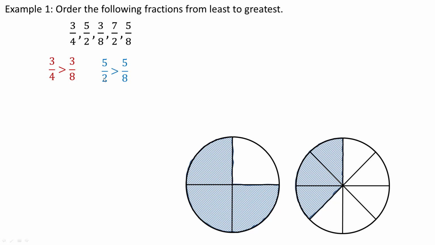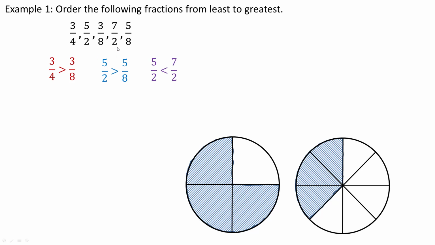See, 5/2 is more than a whole. That's actually 2 1/2. 5/8 isn't even 1. It's actually just a little bit over 1/2. See, 3/8 is shaded here, and 5/8 would be this much here because that's 5 of 8 pieces, the non-shaded part. So when you have 2 fractions with the same numerator, the one that has the smaller denominator is bigger.